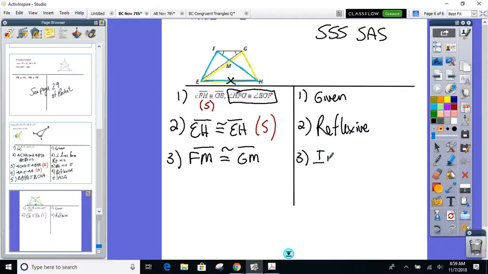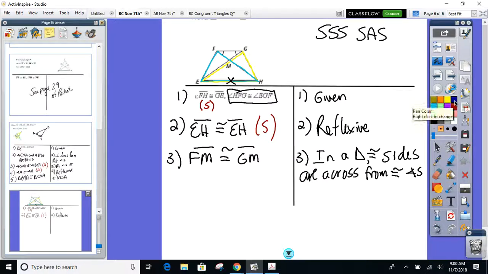And that's in a triangle. Congruent, I just proved what? Sides are across from congruent angles. So that gives us those 2 right there.